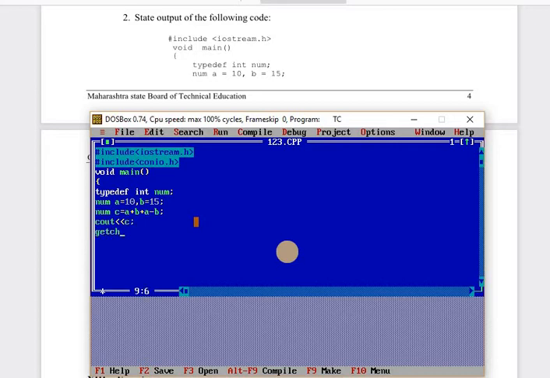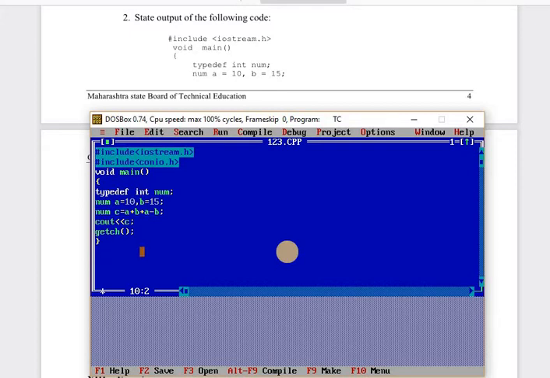Now getch. See here, now this num is working as the integer data type. So here instead of writing int we are writing num. Num a equal to 10, b equal to 15 means a and b both are integer type variables and c is also an integer type variable, because this num is a typedef of int.